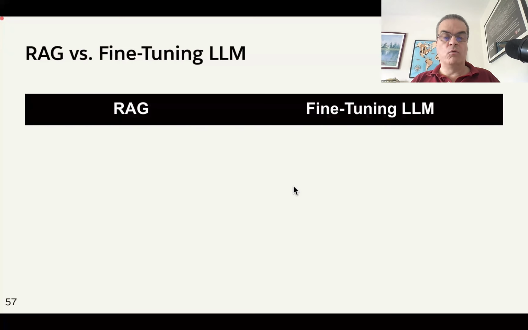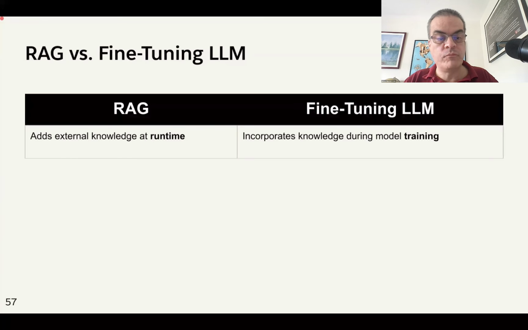So why RAG? And what is the difference between RAG and fine-tuning your LLM? Well, RAG allows you to get external documents or external knowledge at runtime. If the document changes, we just re-upload the document and we're done.